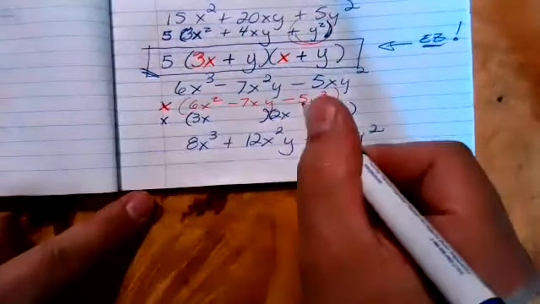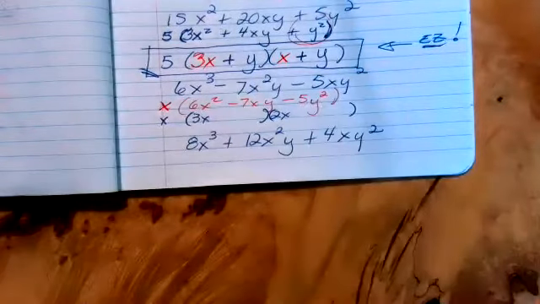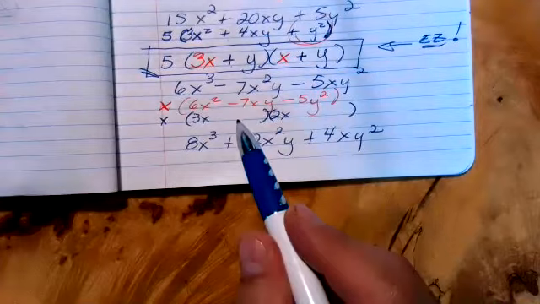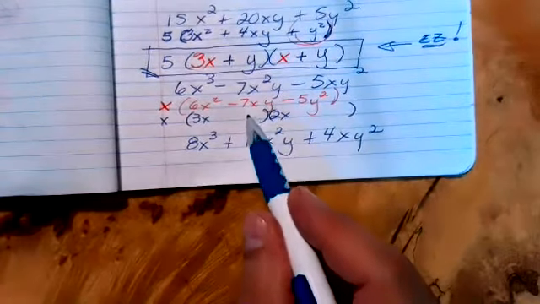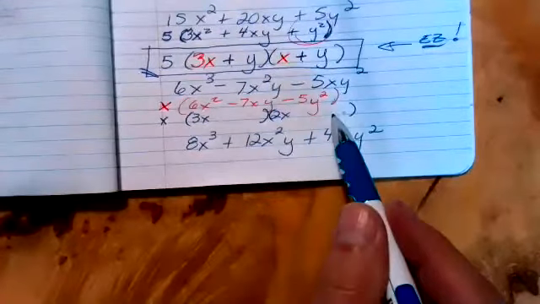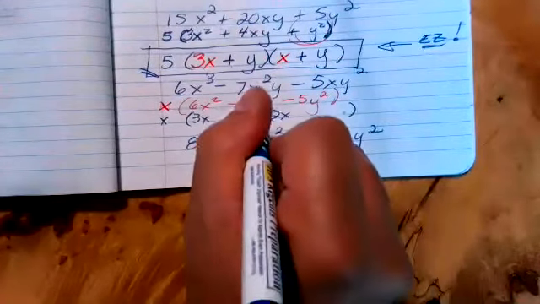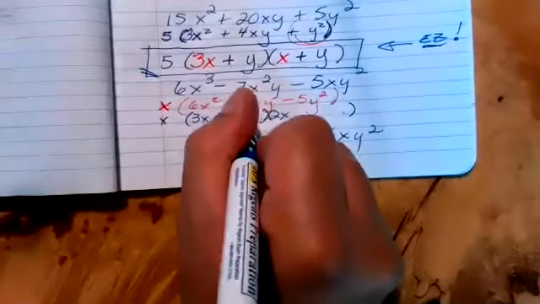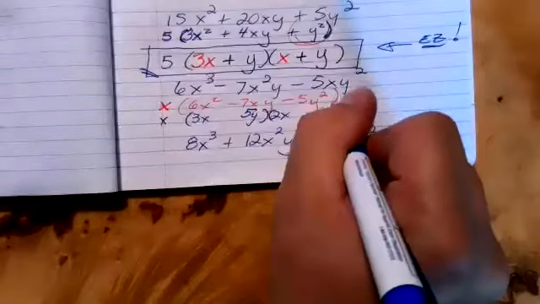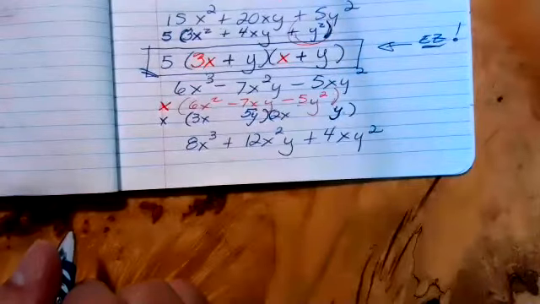And now here, this is prime. It's 5, so that's a nice easy one. I could use 1 and 5 or 5 and 1. If I use 1 and 5, that's going to give me 15 for those outers. So I'm not going to use that. I'm going to do 5 and 1, 5y and 1y will give me my 5y squared.